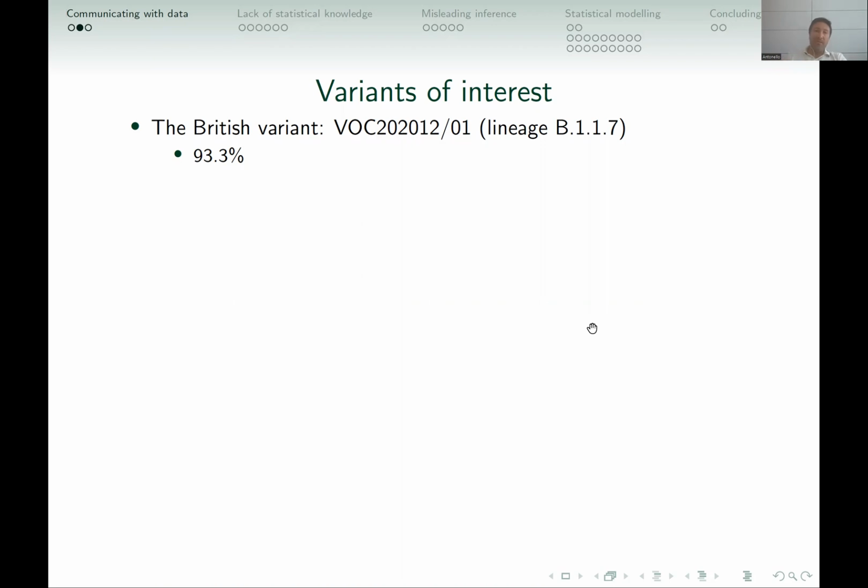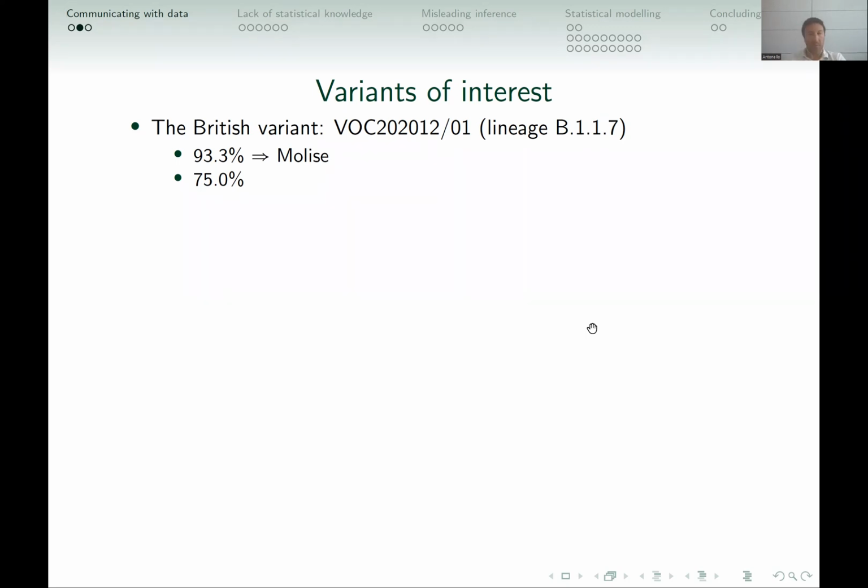The first flash survey provided these numbers. There is one region in which the percentage of the British variant was almost 100%, 93.3%. This region was Molise. Molise is the smallest region in Italy, approximately 300,000 people.